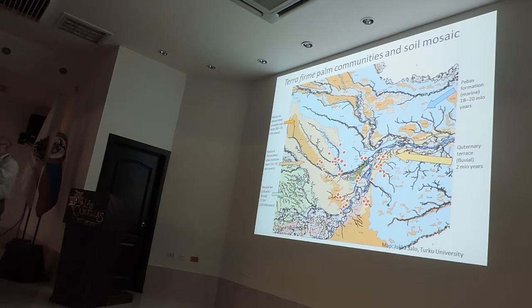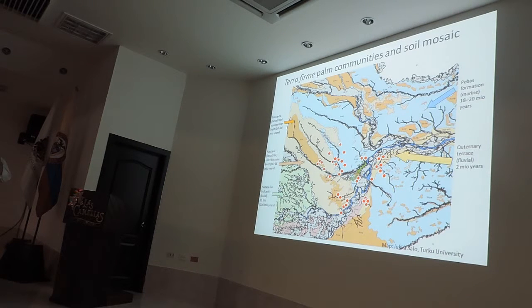But then after the Pebas formation, there were other non-marine deposits, and so this would be the Nauta formations, which are younger soils, and along the river here we have some old previous floodplains which are not flooded anymore, but they still have the structure of quaternary terraces.